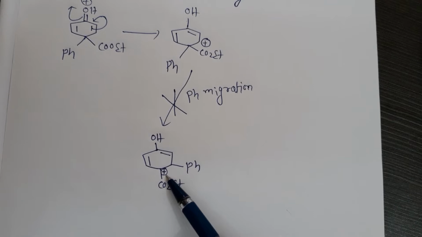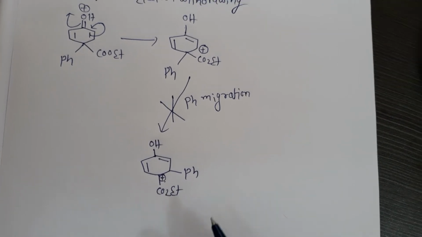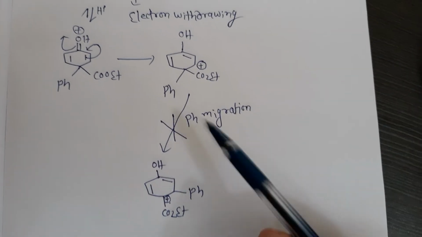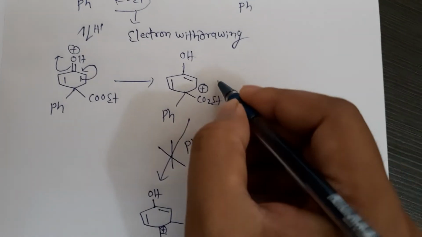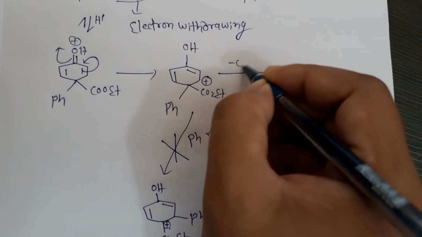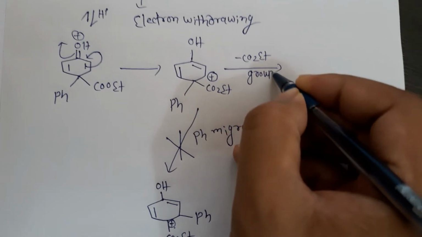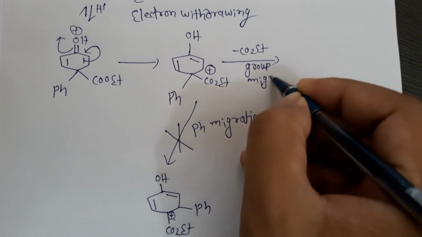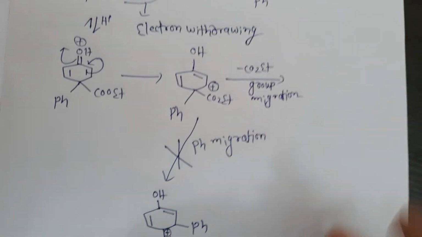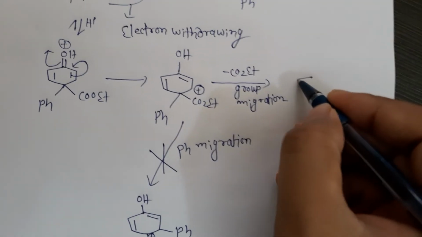That's why this carbocation is destabilized. So the Ph group is not migrating. Then the other option is COOEt group migration. I hope you got the point.